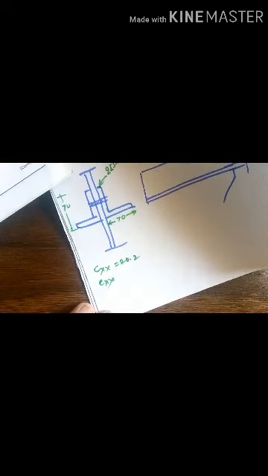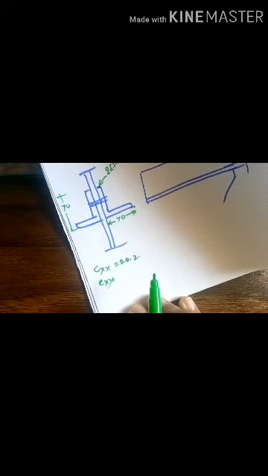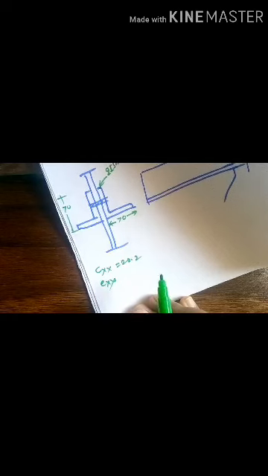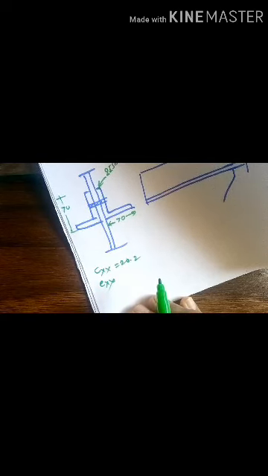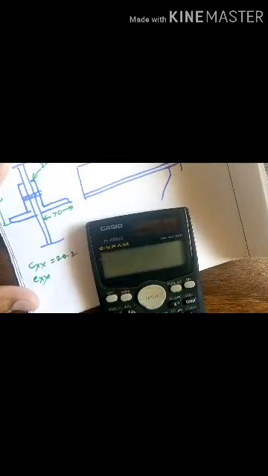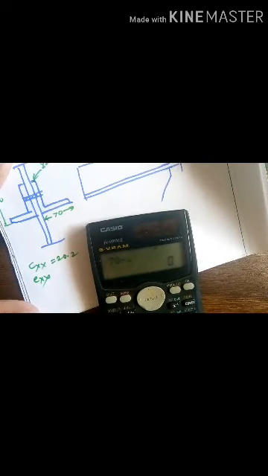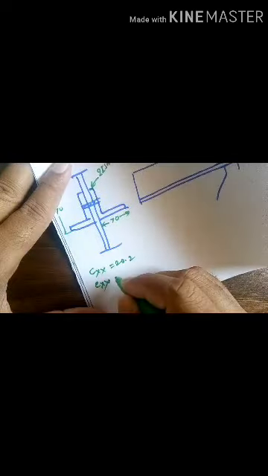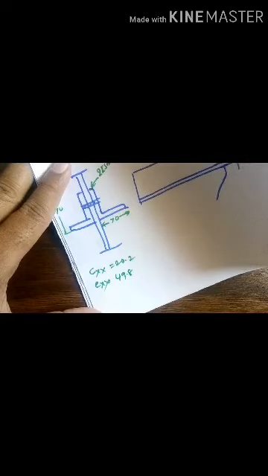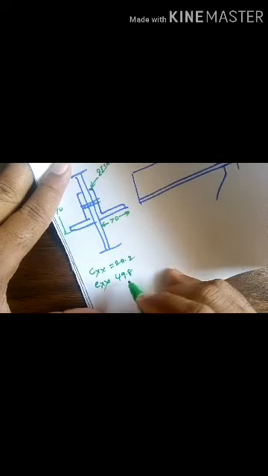Then the remaining, 70 minus 20.2, we'll get 49.8. Okay, this is Exx.